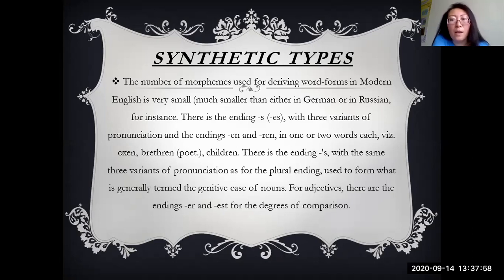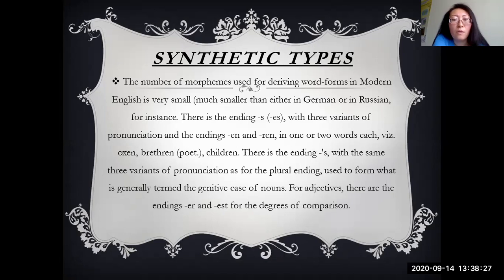There is the ending s with the same three variants of pronunciation as for the plural ending used to form what is generally termed the genitive case of noun. What I mean by saying three variants of pronunciation is that we pronounce it like s, z, and iz.